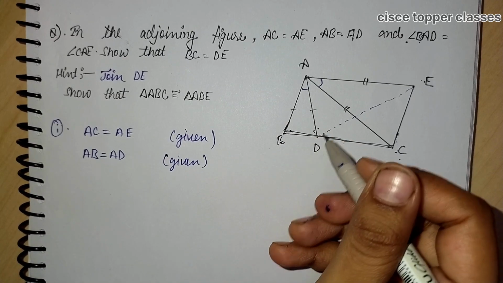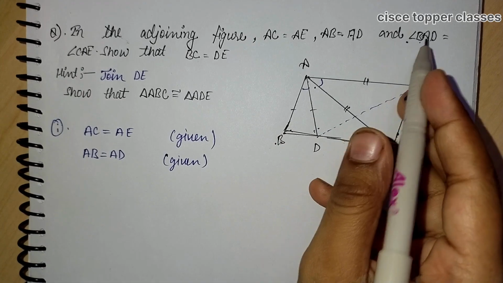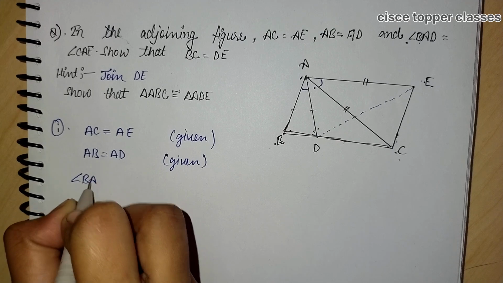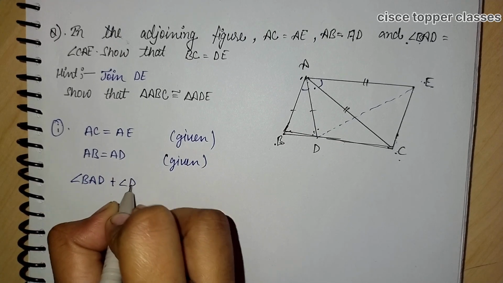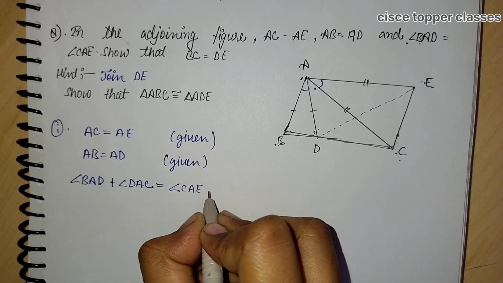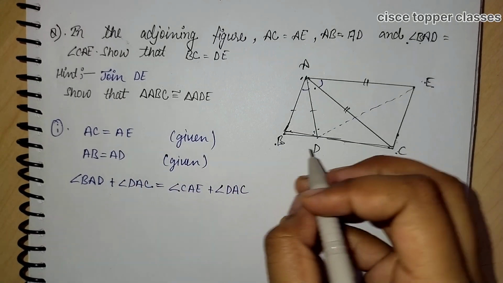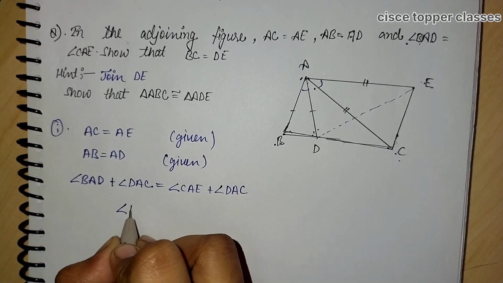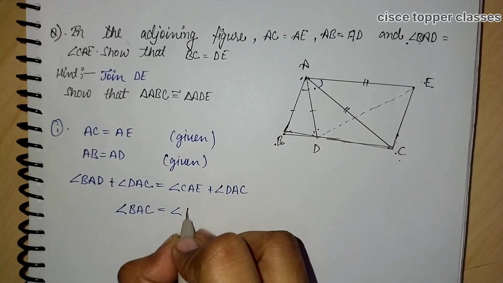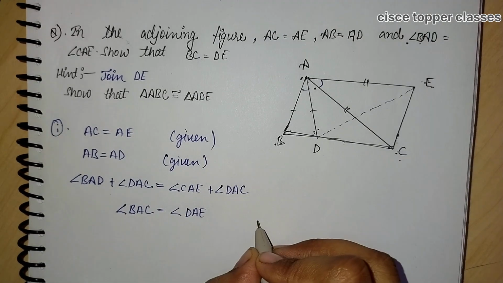And from this also we can write it as angle BAD plus angle DAC. So from here angle BAD plus angle DAC is equal to angle CAE plus angle DAC. So these two angles are equal only. So simply we can write it as angle BAC is equal to angle DAE. So this is also given only, and hence we have proved here also.